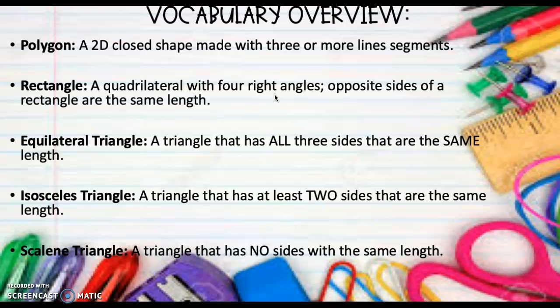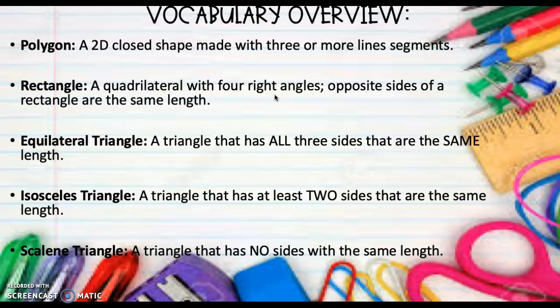A polygon is a 2D closed shape made with 3 or more line segments. Okay, 3 or more line segments, but it has to be a 2D closed shape. If the shape is not closed in, then it's not going to be a polygon. Next, we have our rectangle, but we're not going to focus on that one today. So let's skip down to our 3 types of triangles.